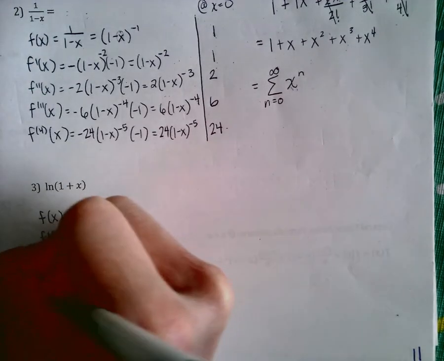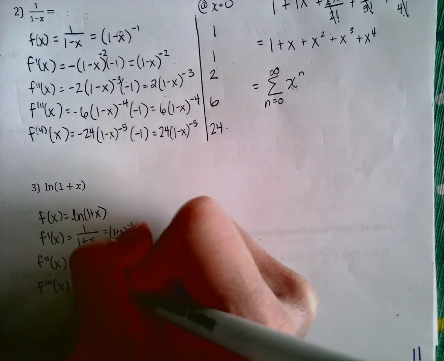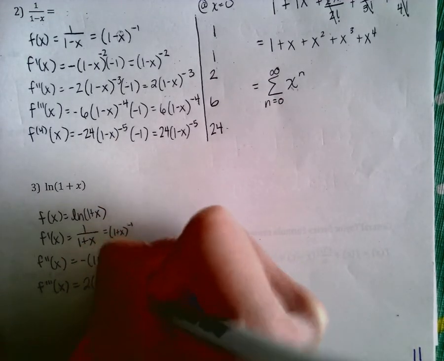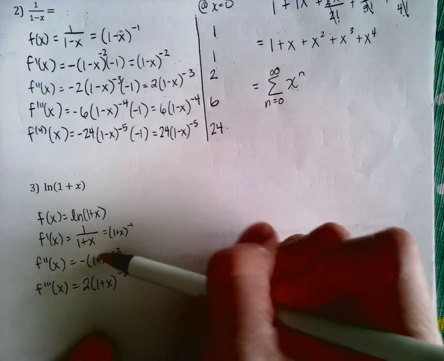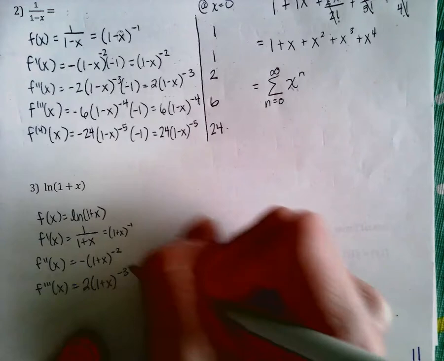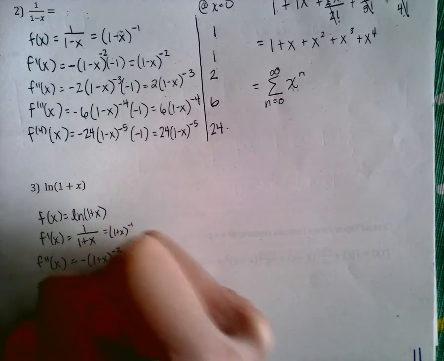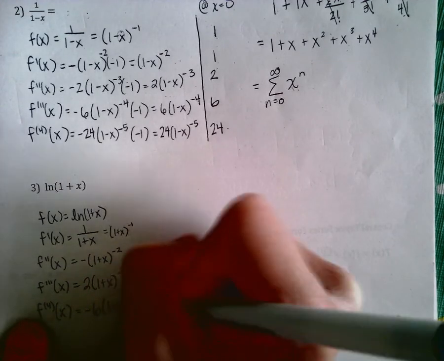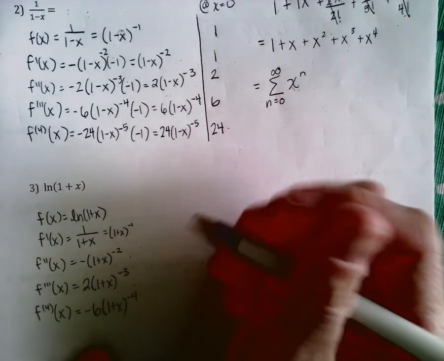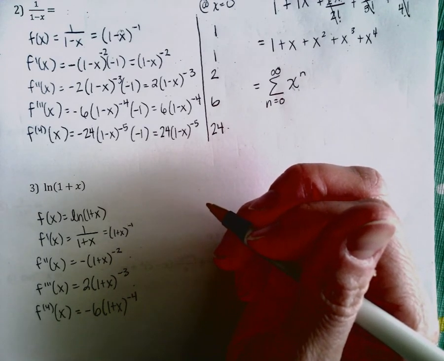F triple prime would end up giving us positive 2 times 1 plus x to the negative 3. I'm using the chain rule, but the derivative of the inside is 1, right? So we don't actually have to do anything here. And then the fourth derivative would be negative 6 times 1 plus x to the negative 4.